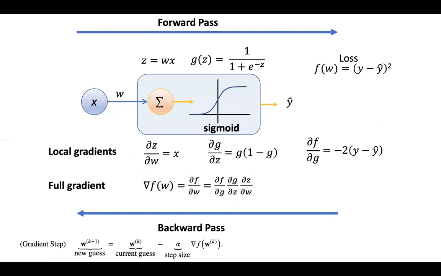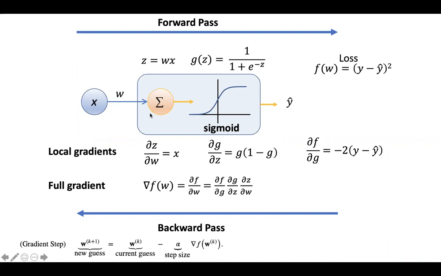So let's also see how this simple perceptron is learning the optimal weight. Last session, we discussed gradient descent, the iterative algorithm for finding the optimal weight. So let's see how the perceptron, or this computational unit of the neural network, finds or updates the weight.